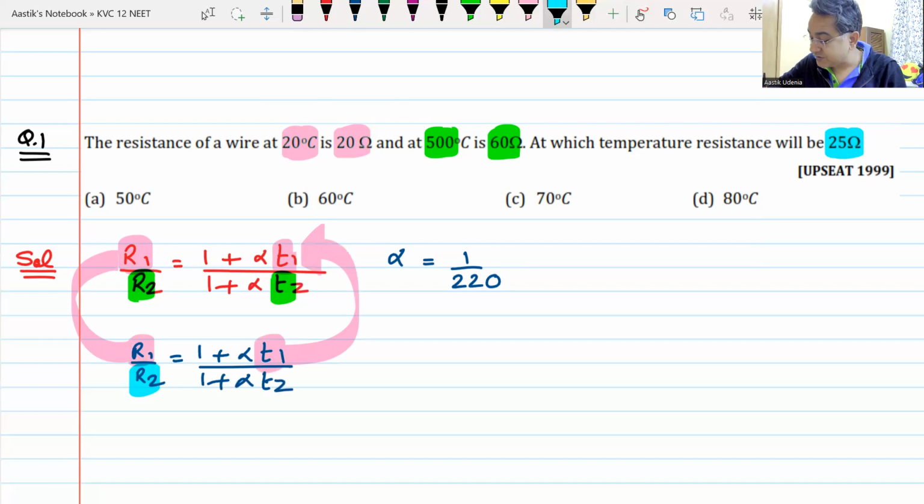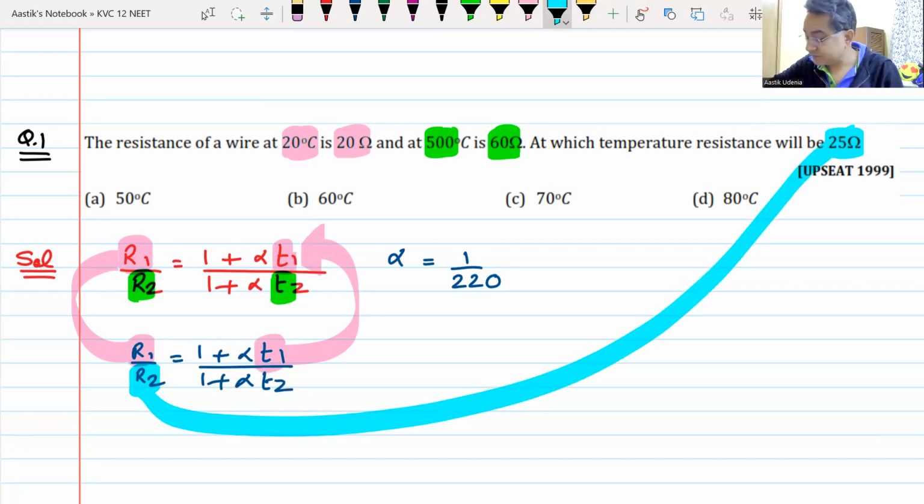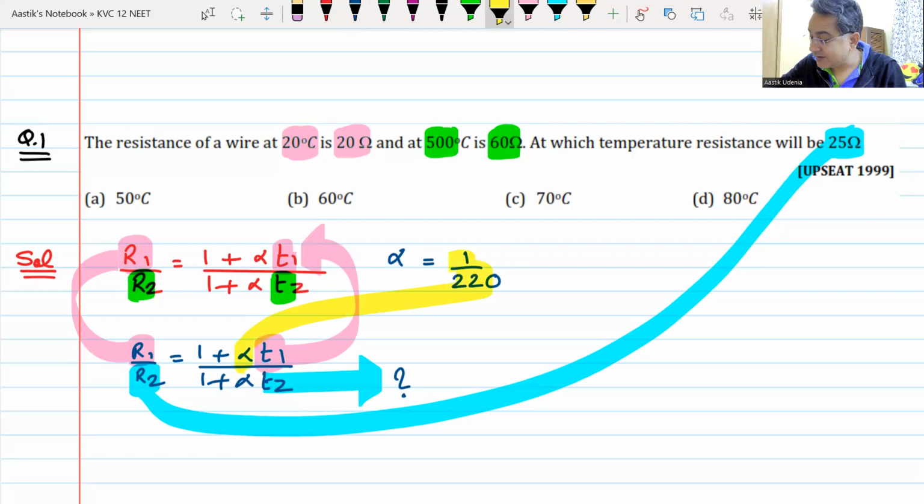Are you getting my point? You have already calculated the value of alpha. From there, you can get the value of T2 because alpha is already known.